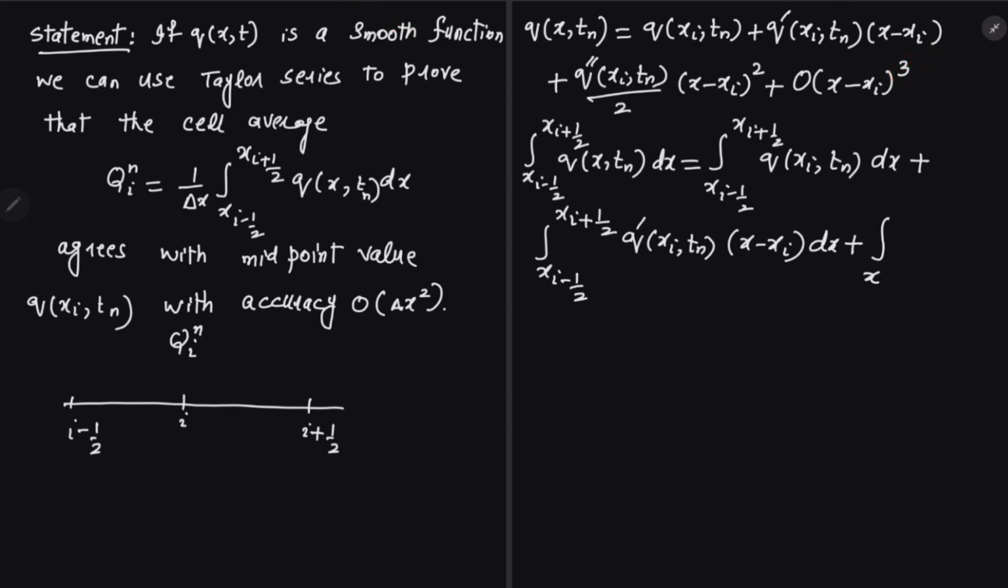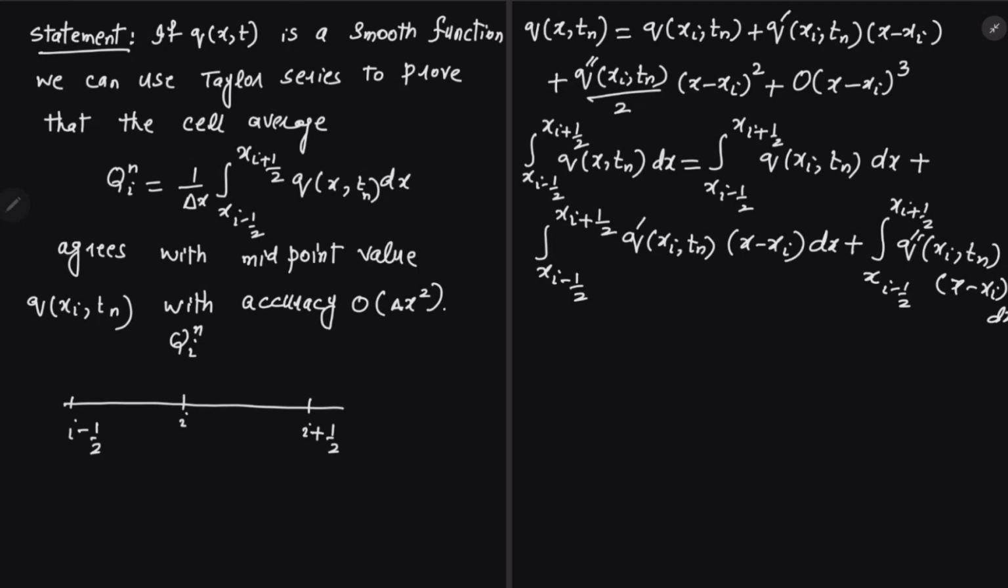So this is the integral of q double dash (x_i, t_n) times (x minus x_i) whole square dx.